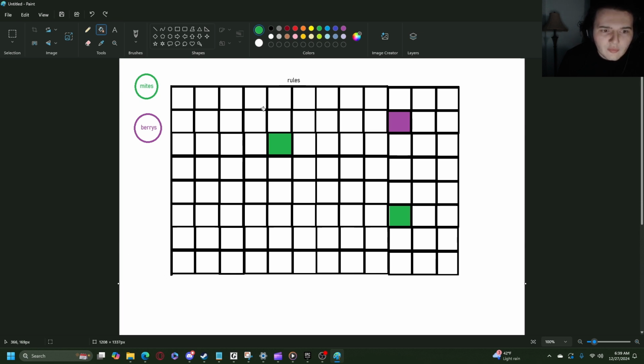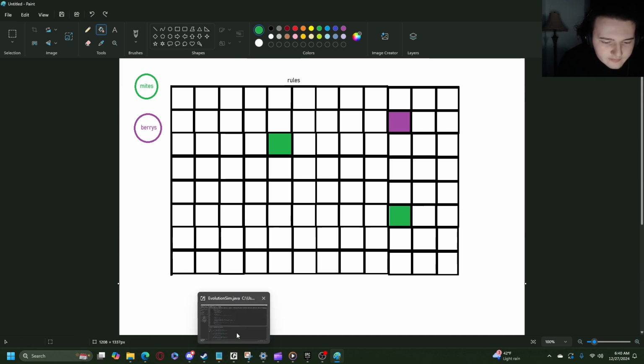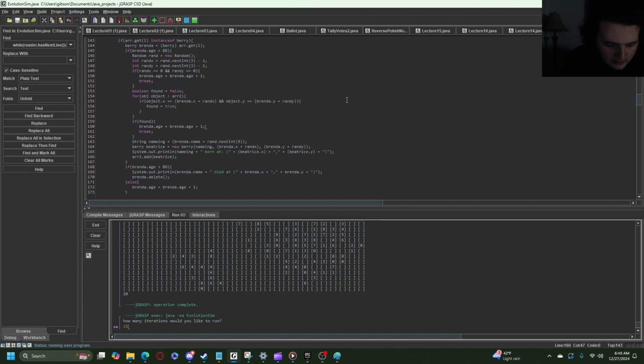So when we go and we see this first run, you will see that the berries are numbers and that the mites are letters. If we run, say, 15,000 iterations, which is highly unlikely for mites to be able to survive.